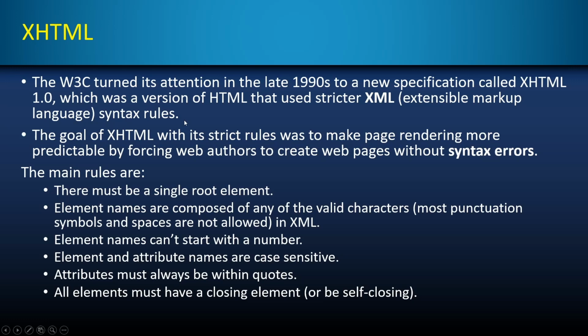Why stricter? The question arises, why stricter XML? Because at that time some web browsers were allowing markup errors, syntax errors, and markup malfunctioning. Some browsers were very lenient in those cases and still displayed the output. There is no guarantee that if one browser, XYZ browser, ignores these many tags or errors and displays the page like this, the same look and feel or the same content will be displayed on another browser.